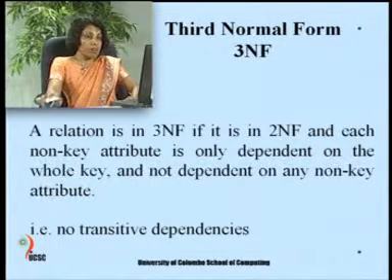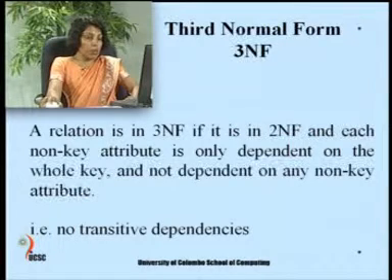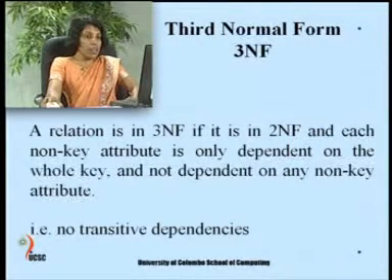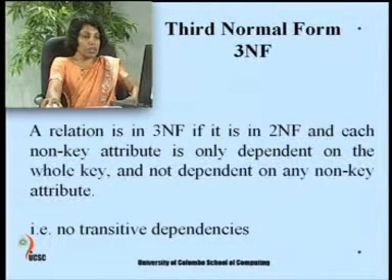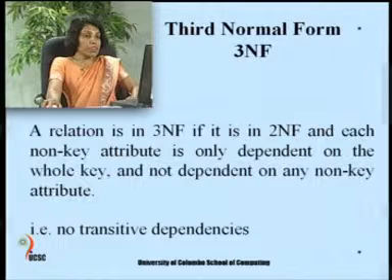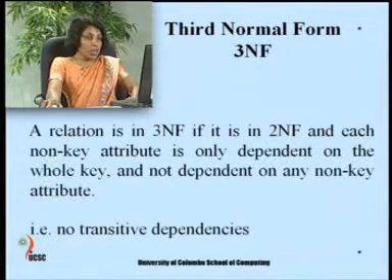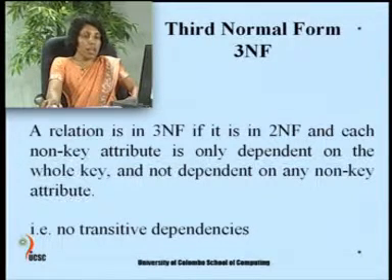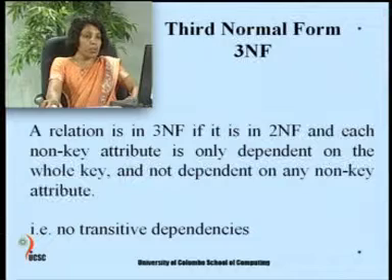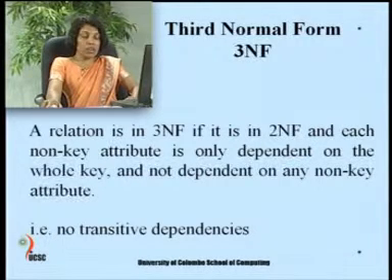So the concept here is that for a relation to be in the third normal form, first it should be in second normal form and each non-key attribute should only depend on the whole key and it should not depend on any non-key attribute.